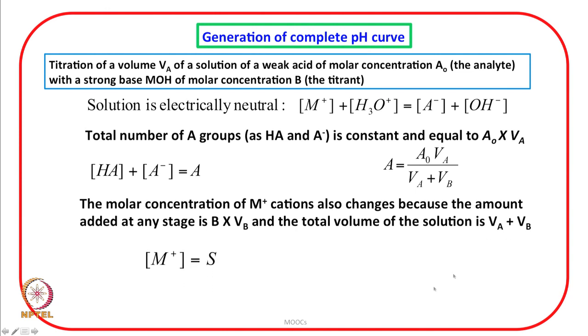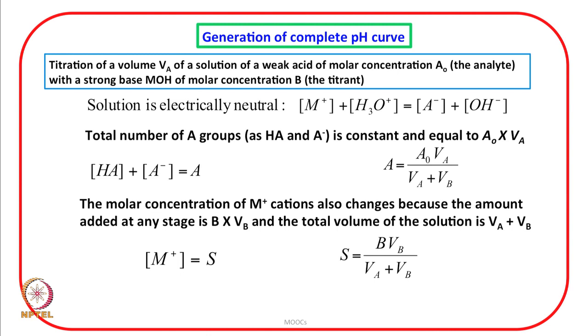If I write the M plus concentration, that is whatever is the amount of base that we are adding. Base is MOH, so M plus is coming from the base, and M plus is interacting with A minus to form the salt. Therefore, this is equal to S. S is the salt concentration, and by the same arguments as we discussed for A, S will be equal to B times Vb over Va plus Vb.